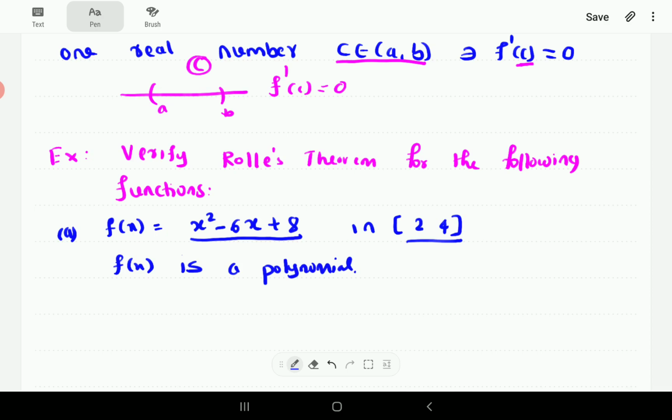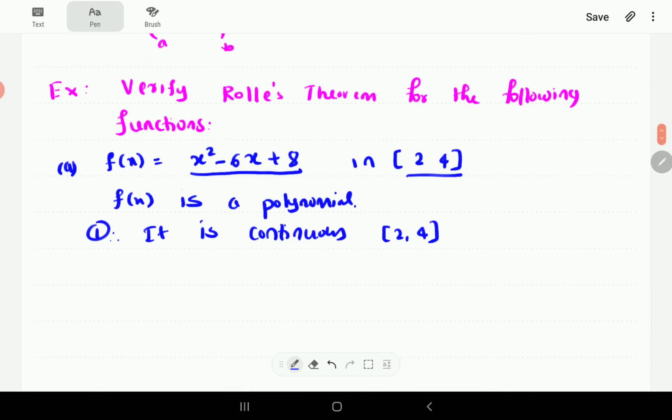Whatever the order may be, polynomials are continuous functions. Therefore, since it is a polynomial, it is continuous. That is our first condition: it is continuous in the closed interval [2, 4].